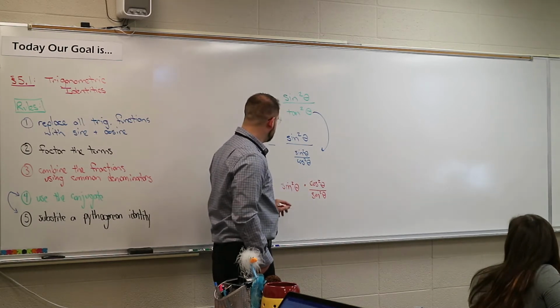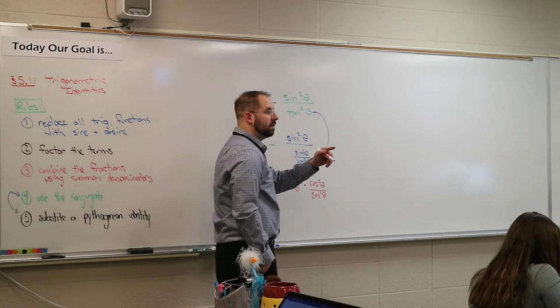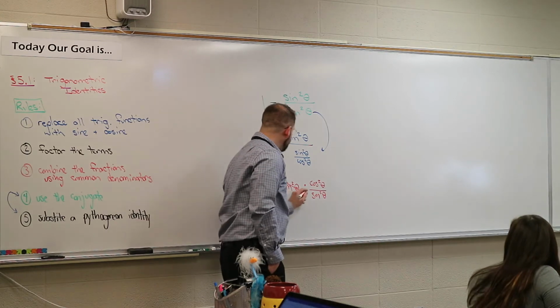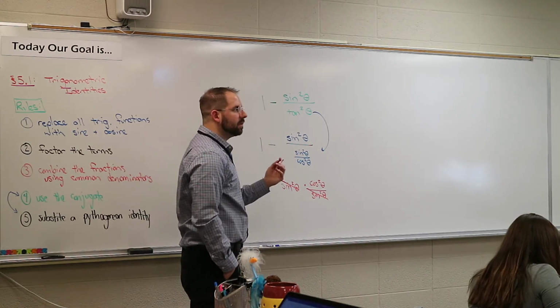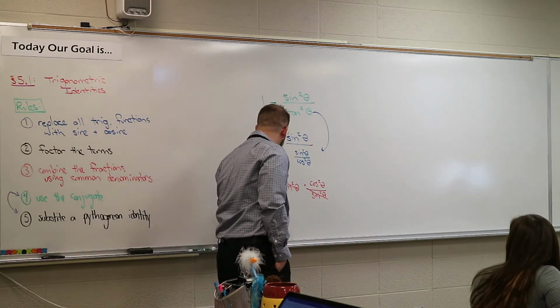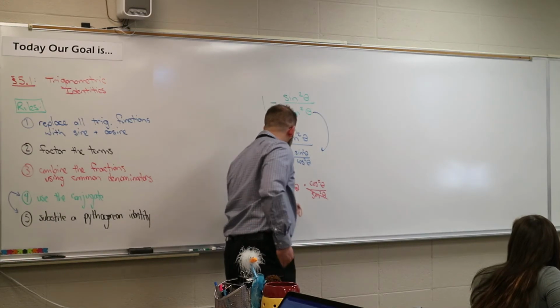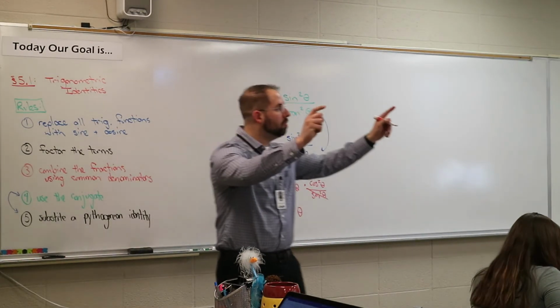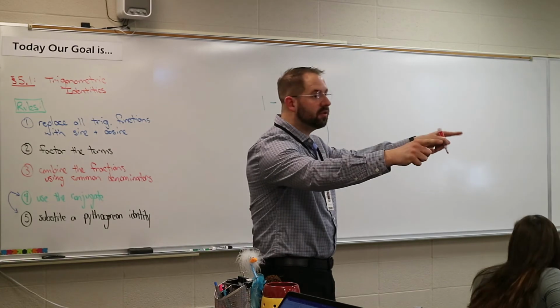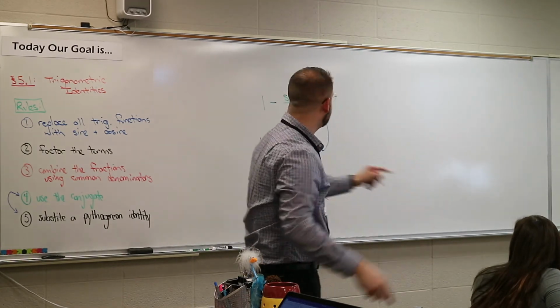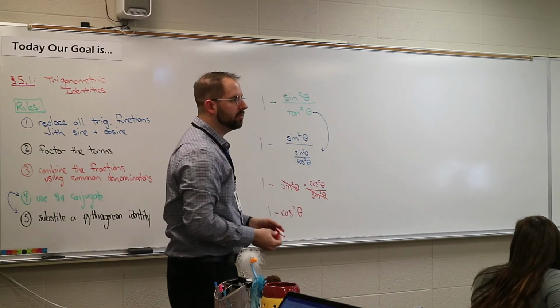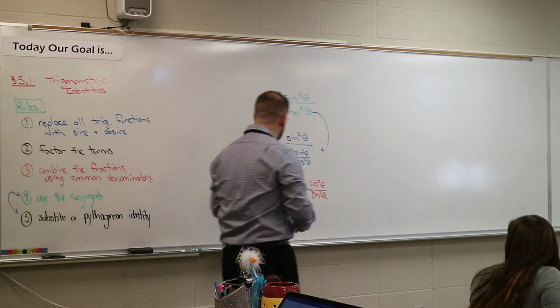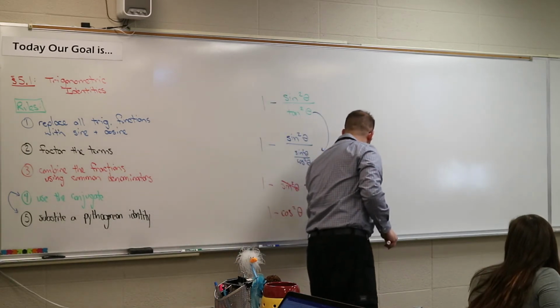The bottom one cancels. Yeah, these cancel. They literally cancel out, so I'm left with 1 minus cosine squared. And that came down to what you both had. Both of your groups had the same style of problem. What is 1 minus cosine squared equal to? Sine squared. And that's your answer.